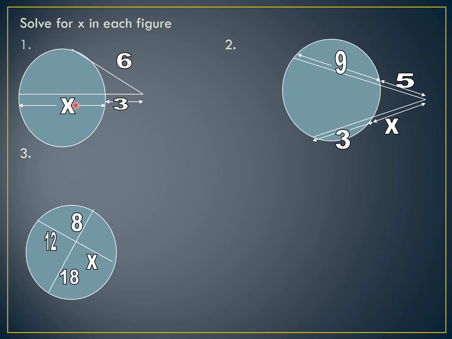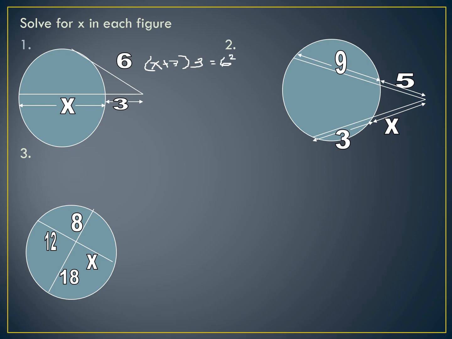So, remember, kapag meron tayong secant at saka tangent, yung square ng tangent is equal to the product of the whole secant segment times its external part. So, ibig sabihin, to solve for x, that is, ang formula natin, x plus 3, yan yung buong segment, times yung external na 3, that is equal to the square of the tangent, which is 6 squared.